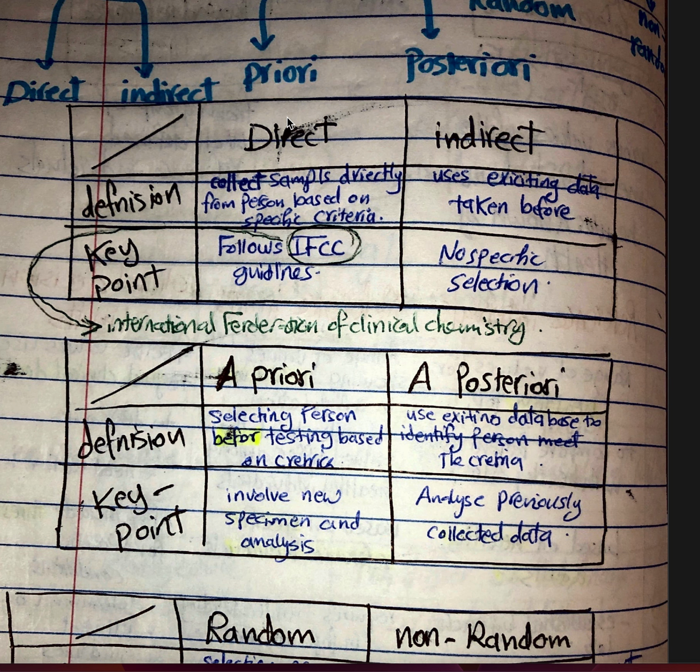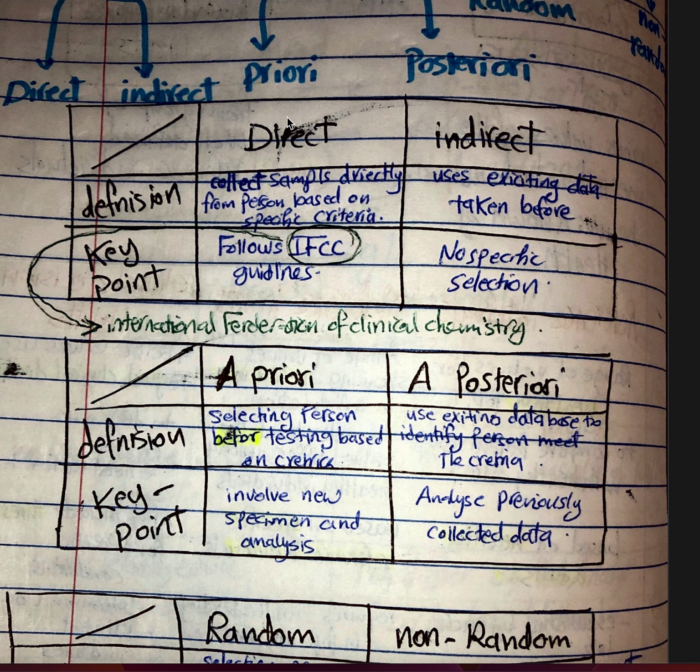But indirect, I don't have to take any sample, I just use existing data. So direct means collecting the sample directly from the person, and indirect means using the existing data.